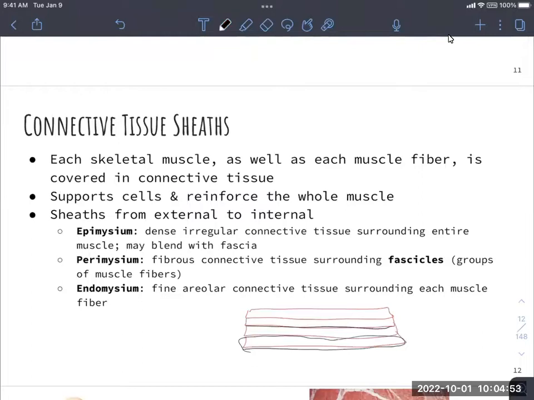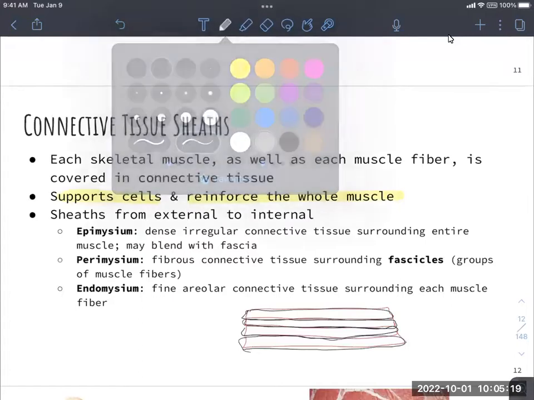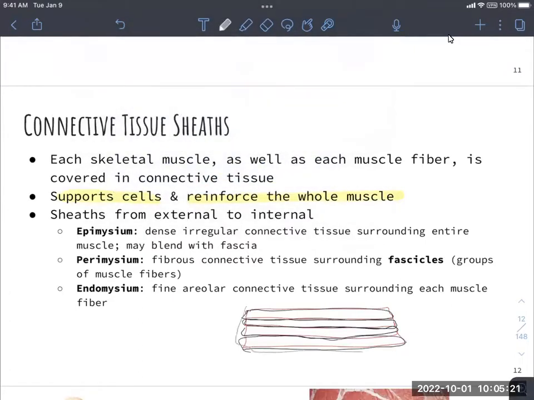They all have their own connective tissue around every single one of these cells. This connective tissue is going to help support every cell. It's going to reinforce the whole muscle. Because not only the cells, but we're also going to have connective tissue going around the entire muscle.